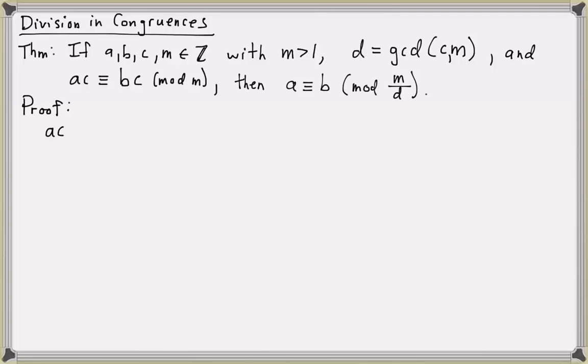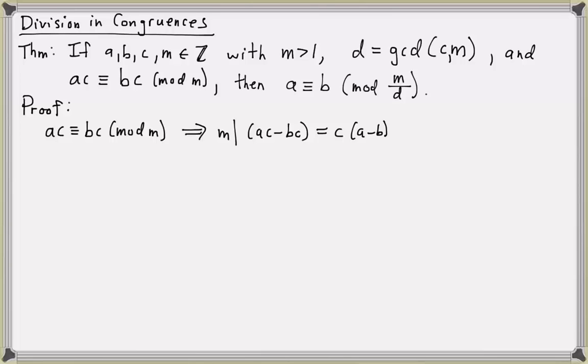If ac is congruent to bc mod m, then m divides the quantity ac minus bc, which equals c times (a minus b).